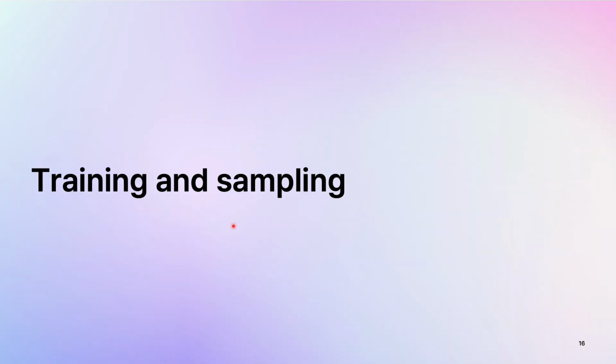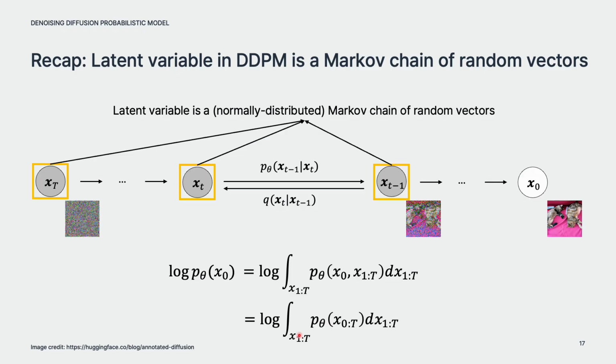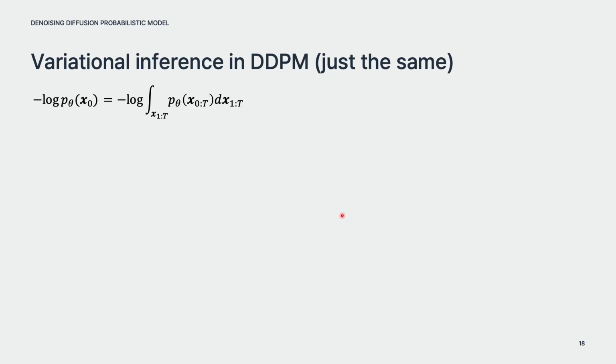Now we move on to the training and sampling of DDPM. So a short recap: the latent variable in DDPM is a Markov chain of random vectors. And as mentioned earlier, DDPM uses variational inference where the latent variables are the Markov latent vectors.